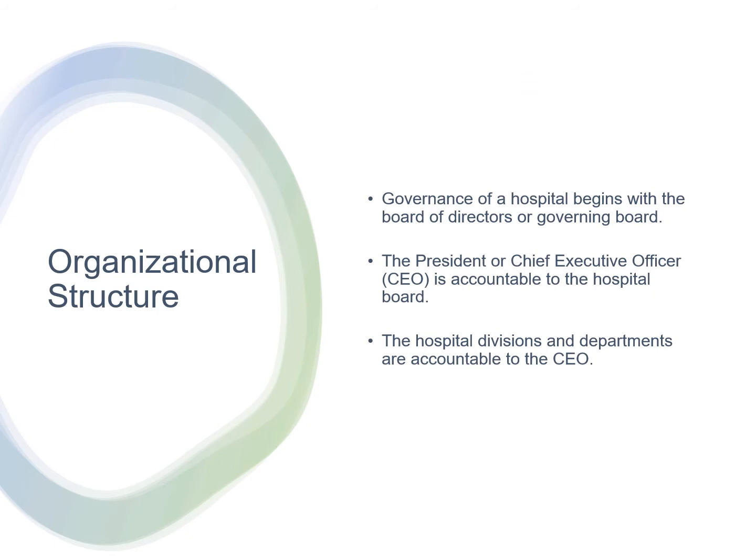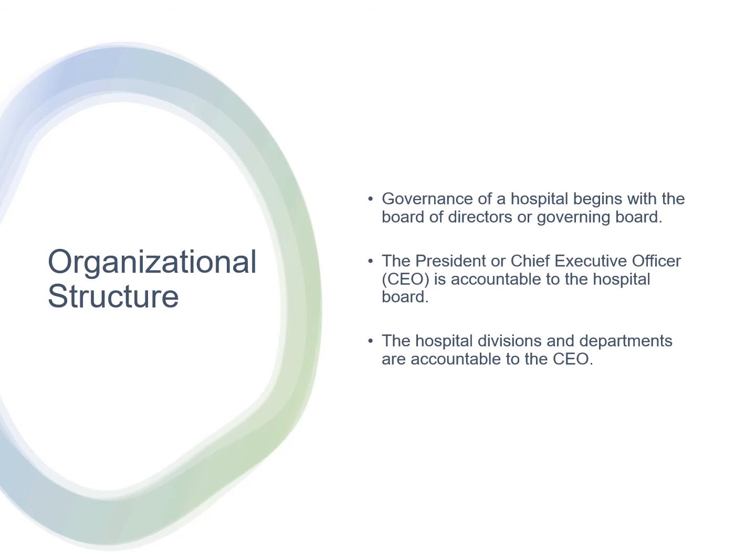The organizational structure can vary from one hospital to another. Sometimes that organizational structure is driven by the mission and the vision. You're going to have a board of directors or governing board, typically made up of folks that are from all walks of life, decision makers usually at a fairly high level in whatever companies that they work for.